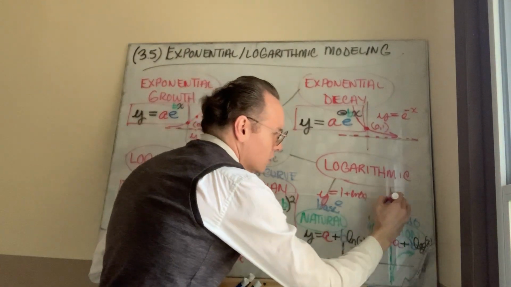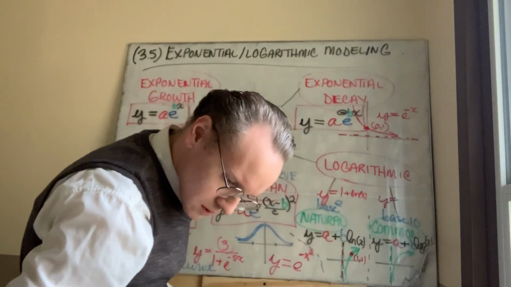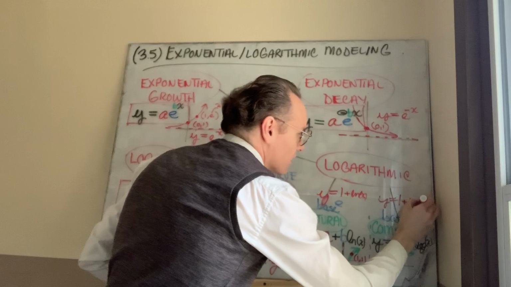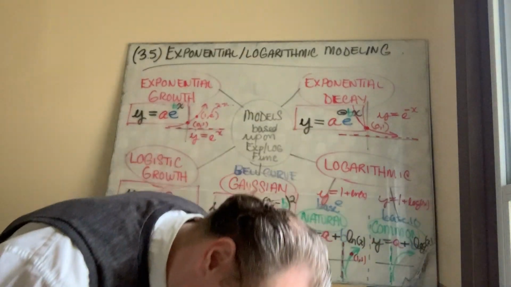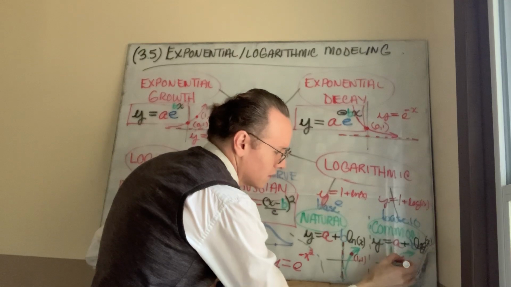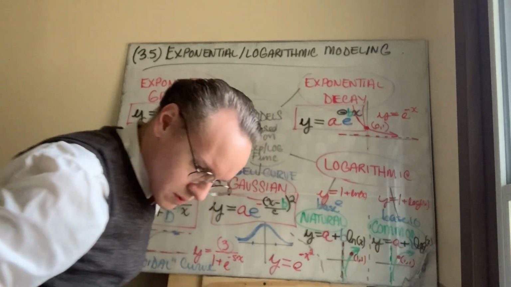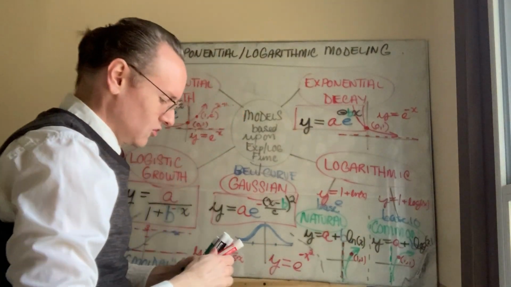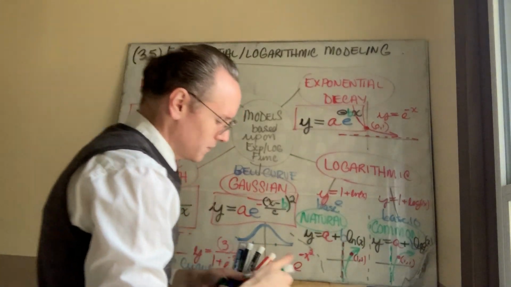And a slimmed down version of this, 1 plus log of x. Again, we'd go through the same point, 1. Just be a little bit flatter. It's hard to exaggerate on this, but you get the point.